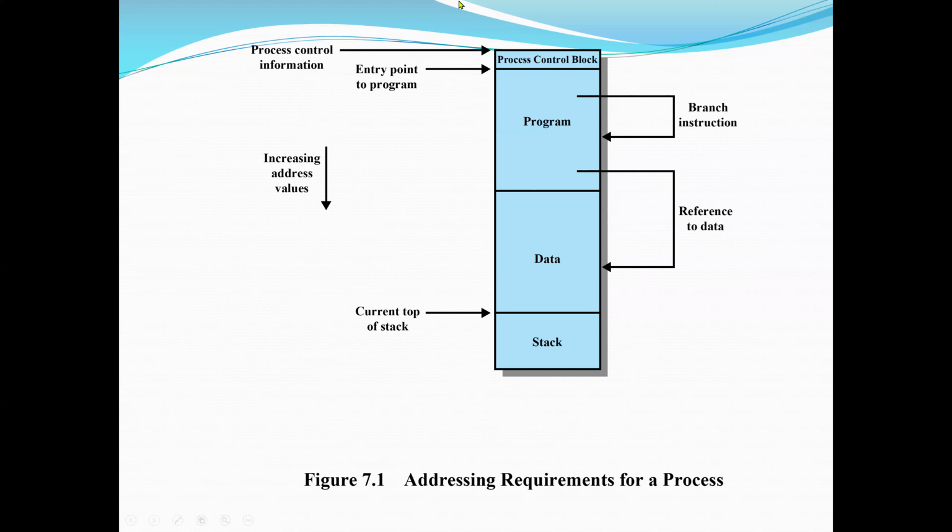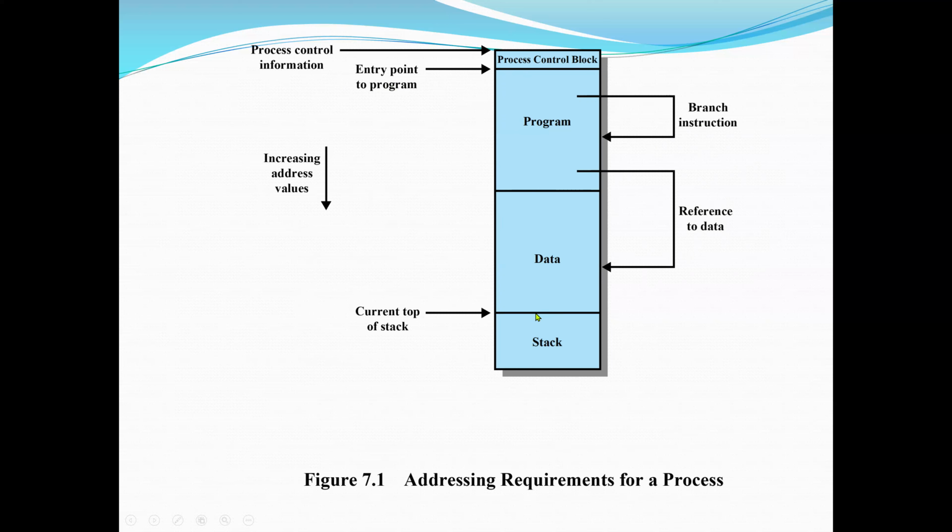So we have the process control information, the entry point to the program, the branch instructions, and references to data we are going to use. With program instructions and data, we may do our execution. Then we have the top of the stack.